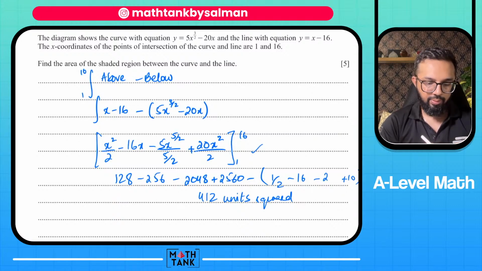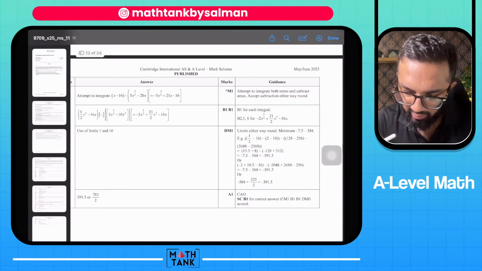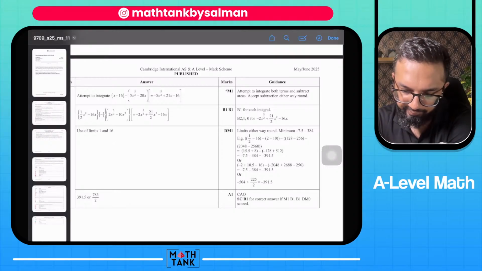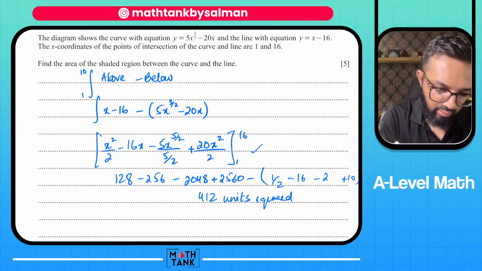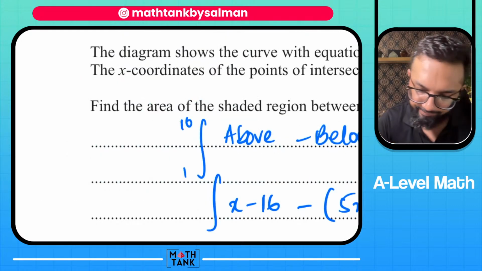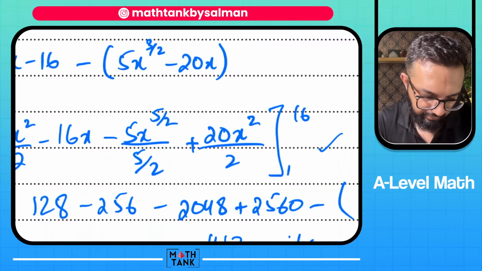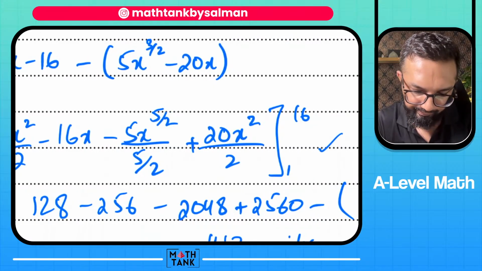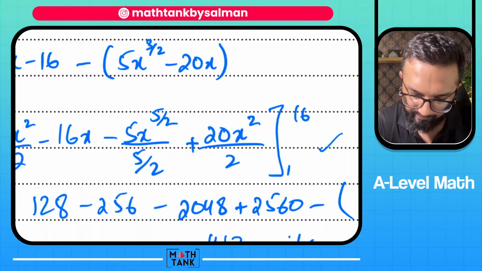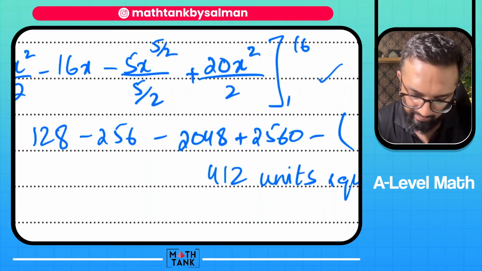Then 2 into 16 power 2.5, it's 2048, 2560. I'm not sure whether the calculation is wrong. I'm just checking now. Let me open this side by side so I know. Okay, are the numbers fine?